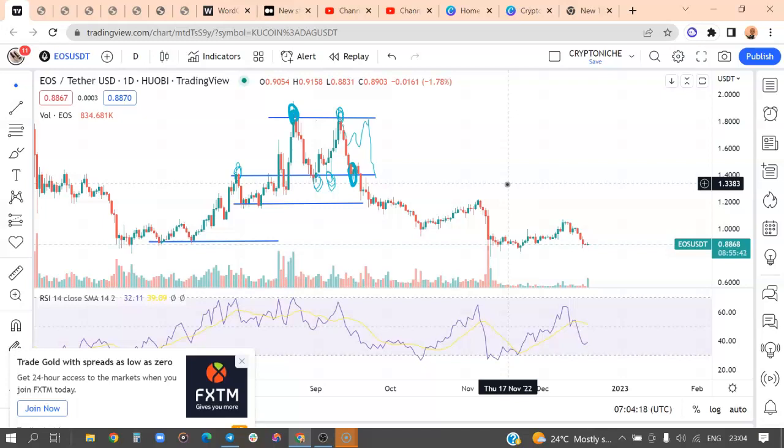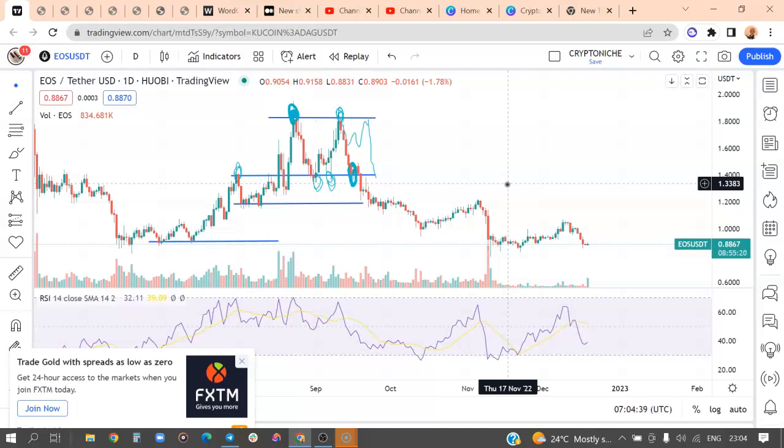So let's have a macro and micro perspective on EOS price action.